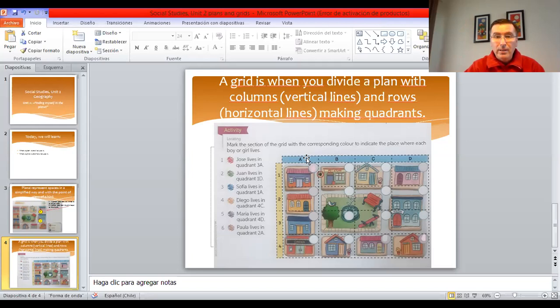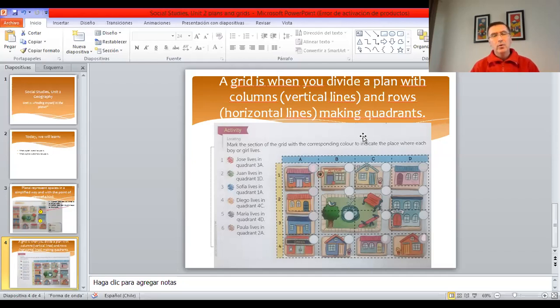So we have letters: column A, column B, column C, and column D. Imagine the columns of a house or a palace. So this is the activity you have to do. You also have to do the drawing in your notebook. You can do it vertically or horizontally. That is your decision. It's up to you.